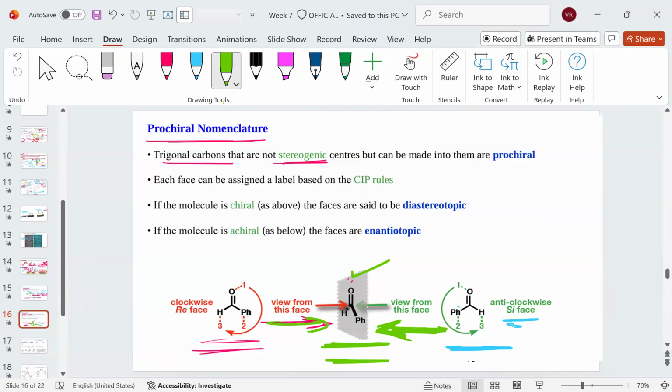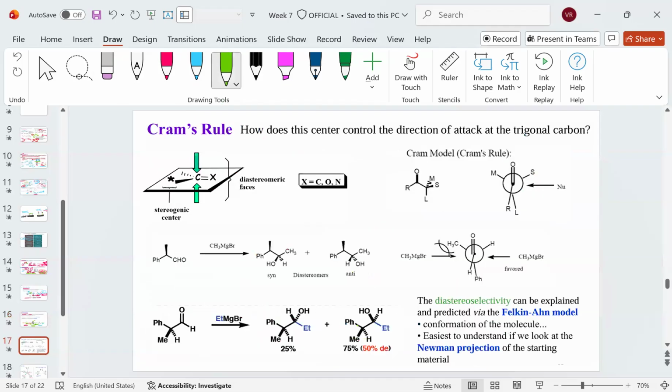This is how we have to give the nomenclature. Right now it is a simple phenyl ring, but when we move to a molecule with an adjacent chiral center, it becomes mainly important.